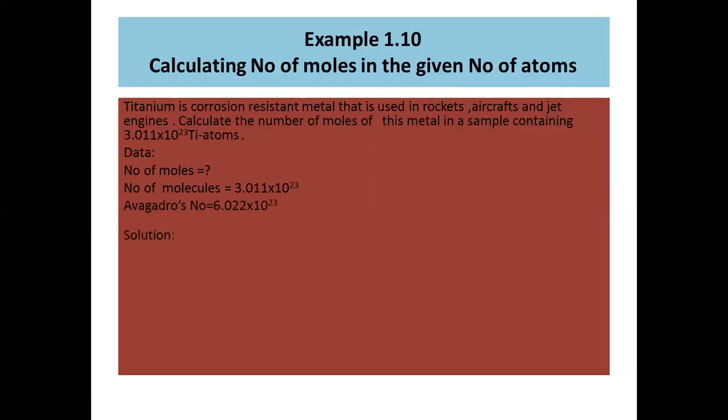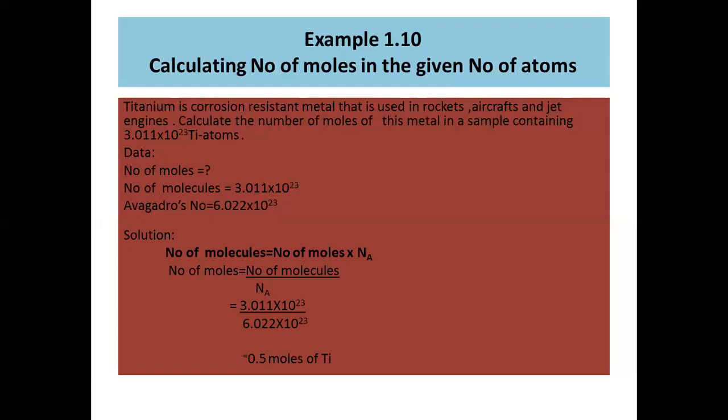The formula we use: number of molecules equals number of moles into Avogadro's number, but we have to find out the number of moles. So number of moles equals number of molecules over Avogadro's number. By putting the values, 3.011 into 10 raised to power 23 over 6.022 into 10 raised to power 23 will give us the answer: 0.5 moles of titanium atoms are present.